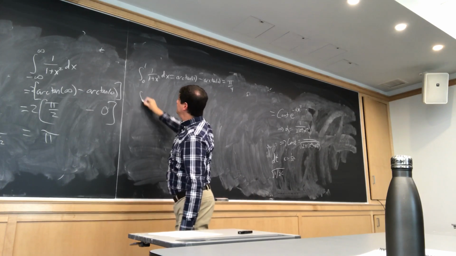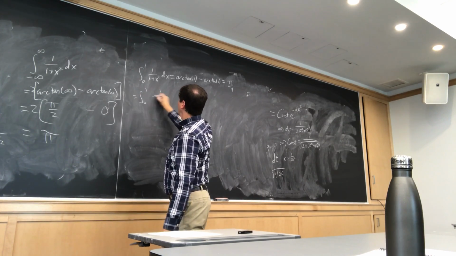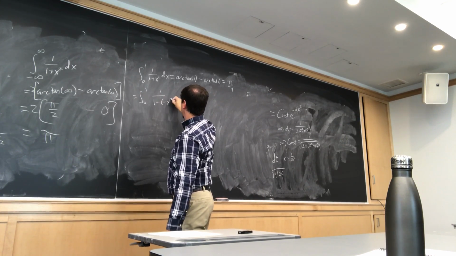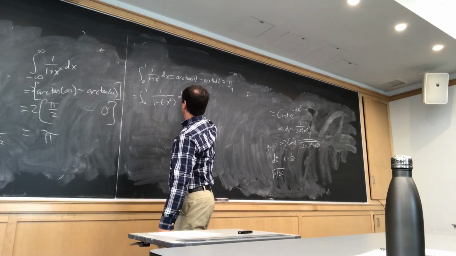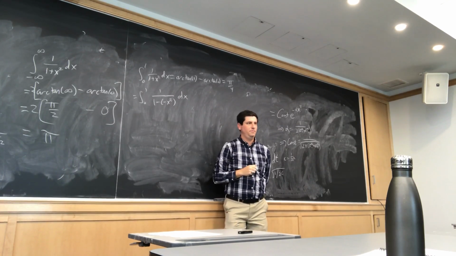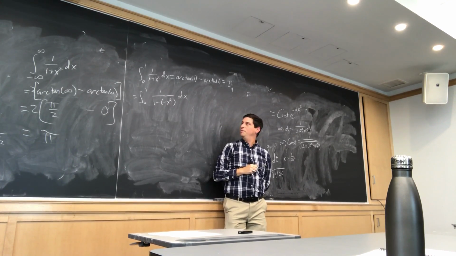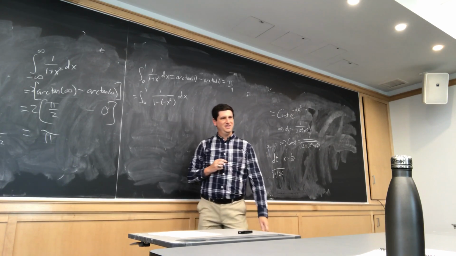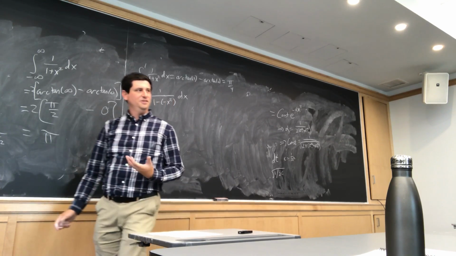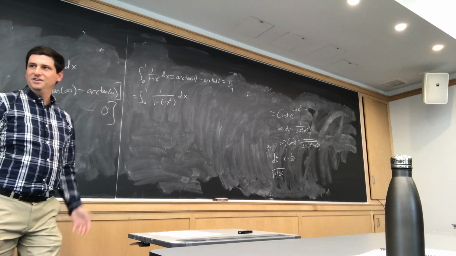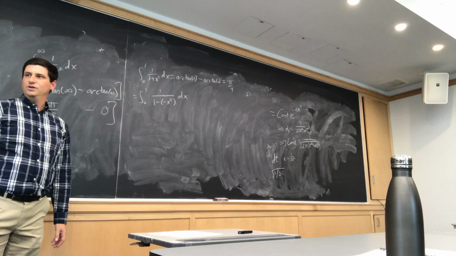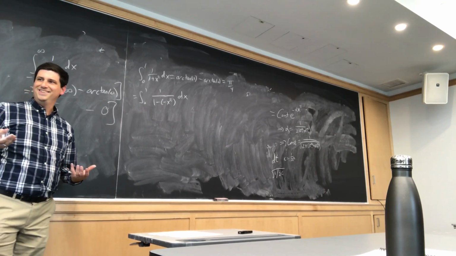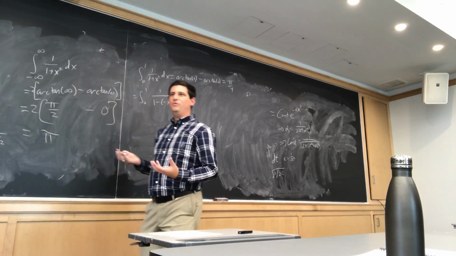This is the same as the integral from 0 to 1, 1 over 1 minus negative x squared dx. Because I'm writing it as 1 minus negative x squared, what does this remind you of? Okay, and where have we seen that before?